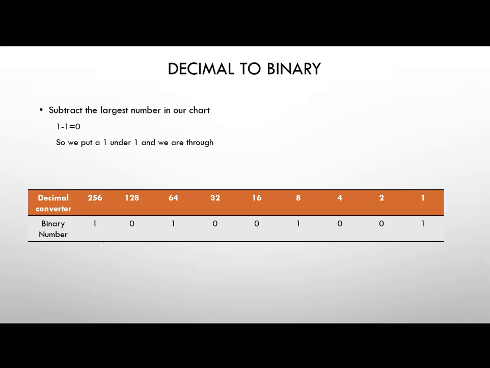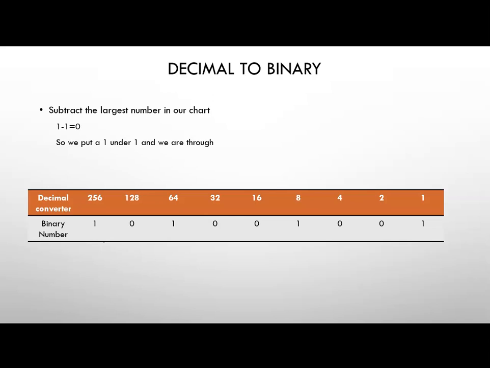Okay, so that leaves us with 0, and that gives us our binary representation of the number 329, which is 101001001. There you go. So it's not difficult, there's a few steps involved, but it's actually very easy to do. You should practice these because they do tend to show up.